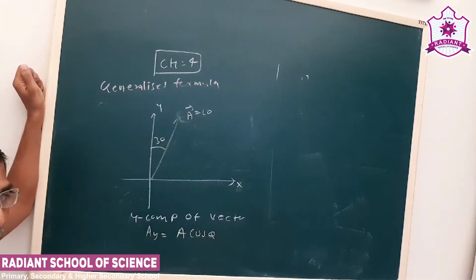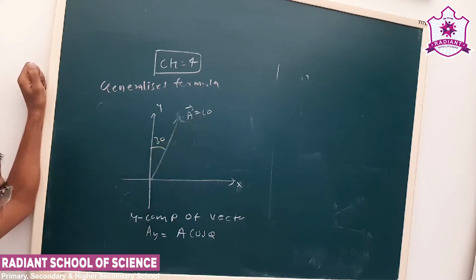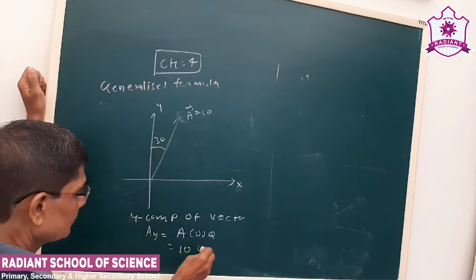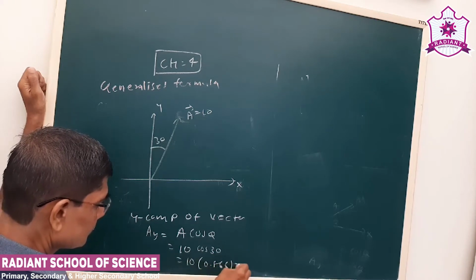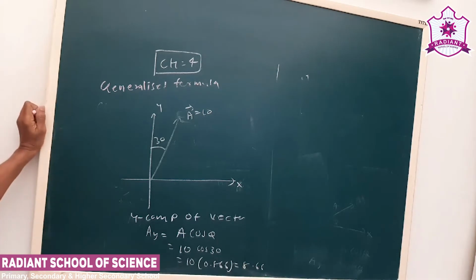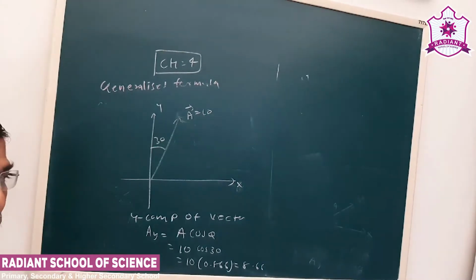The component of a vector in any direction is the product of the magnitude of the vector and the cosine of the angle made with the given direction. Now here it is 10 cos 30. Now you will say, sir, what you taught earlier is wrong. No, it is not wrong. By definition it is right.